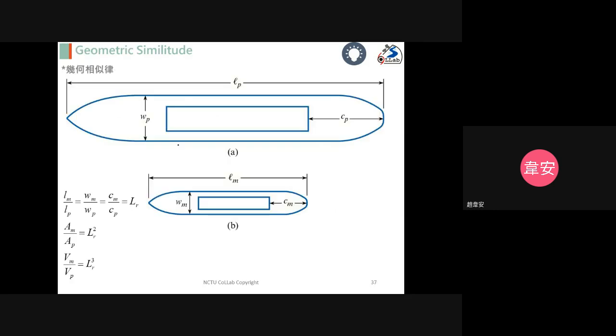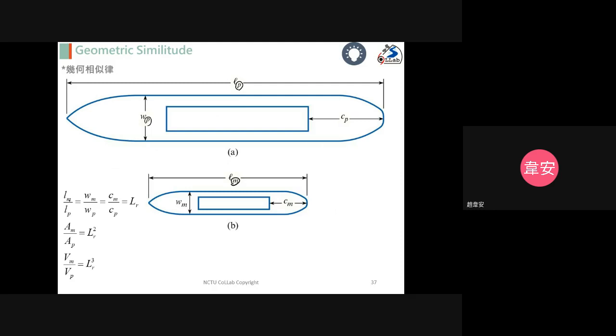Okay, so this slide just shows what geometric similitude is. The upper one is your prototype, and the bottom one is the model. We use the subscript p to mean the prototype, and we use m to indicate the model. How do we satisfy the geometric similitude?